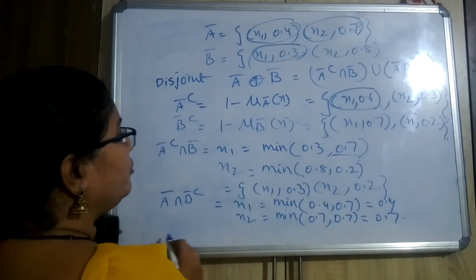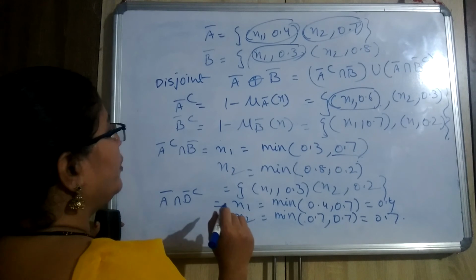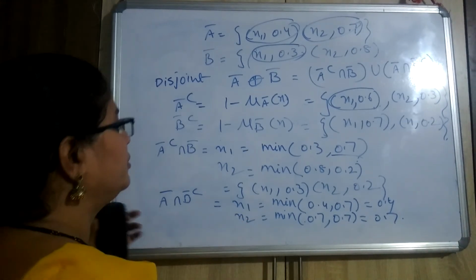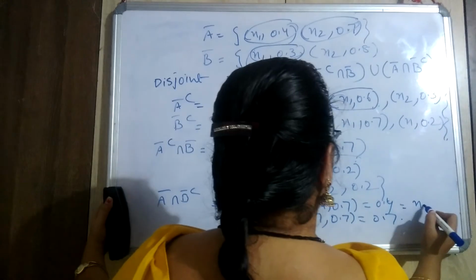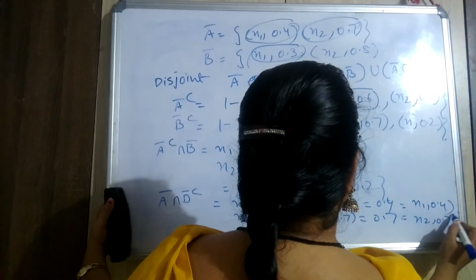Now we are unifying both. What we are doing here is A complement intersection B complement. What is it coming now? x1 comma 0.4 and x2 comma 0.7.